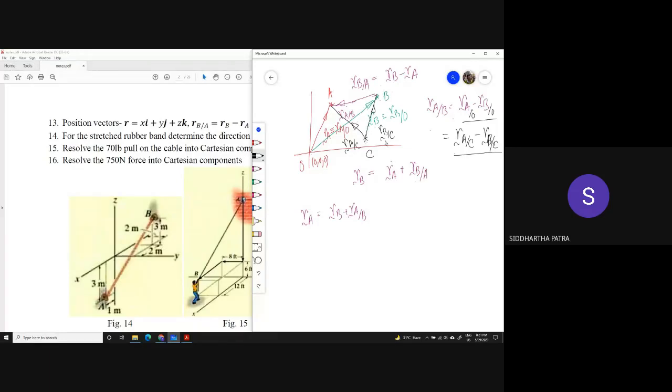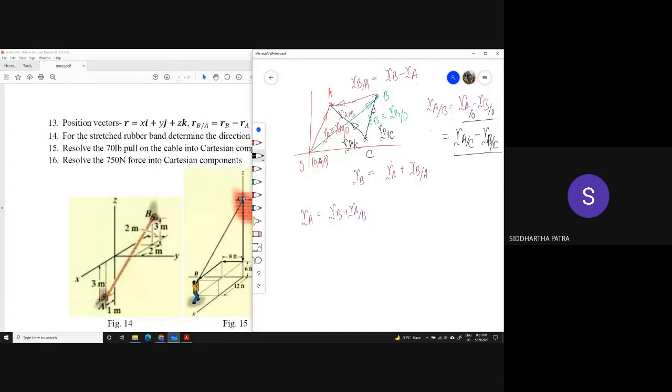So if I know the position of two points with respect to a third point, then we can determine the position vector of one of those points with respect to the other simply by subtraction. That's the point here. It's not just unique to the origin. That's all I'm trying to say here.